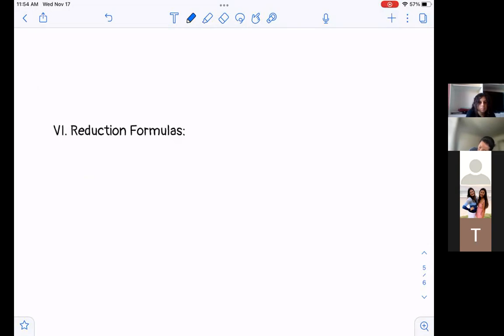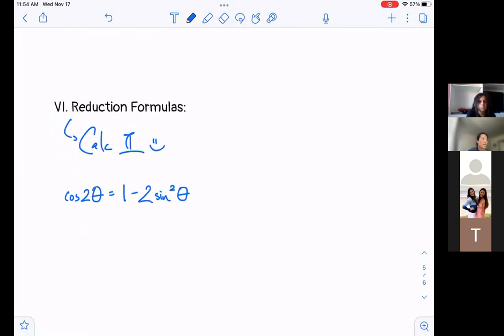So we see this in Calc 2, and they come from our double angle identity. Let's start with the cosine one, the one that is 1 minus 2 sine squared theta. What we're going to do is solve for sine squared theta.